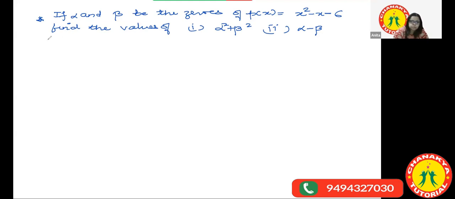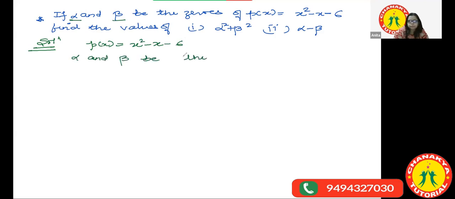So the solution will be, first of all, you will write your polynomial p(x) is equal to x square minus x minus 6. You have been given alpha and beta, so you have to write here: alpha and beta be the zeros of p(x). Let it be the first equation.